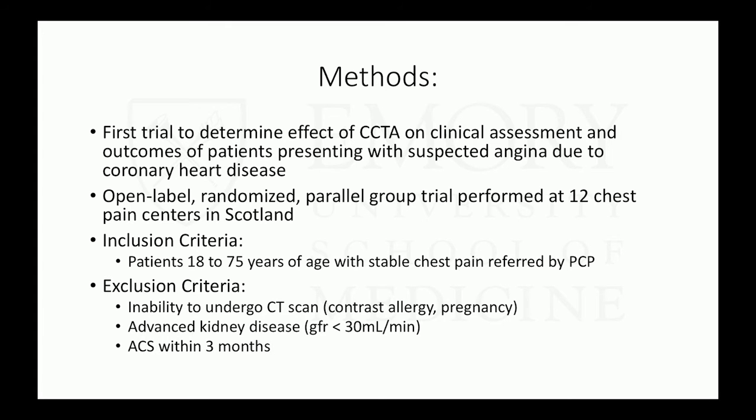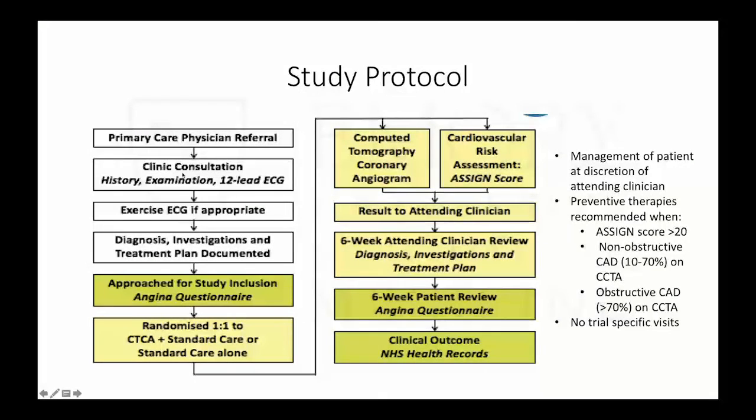Essentially, all patients were referred to a chest pain center and were seen, examined, underwent a 12-lead ECG, and underwent exercise treadmill testing if it was considered appropriate. They formed a treatment plan, and then patients were randomized 1-to-1 either to standard of care, which was up to the clinician as to whether they wanted to proceed with Cath or additional functional testing, or to CCTA.